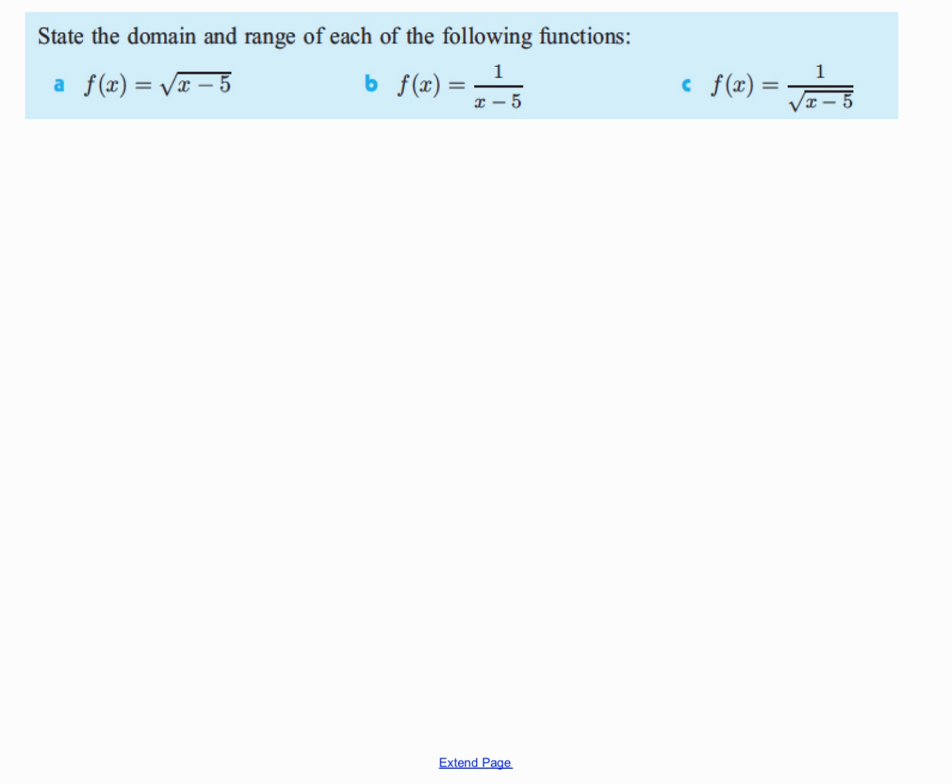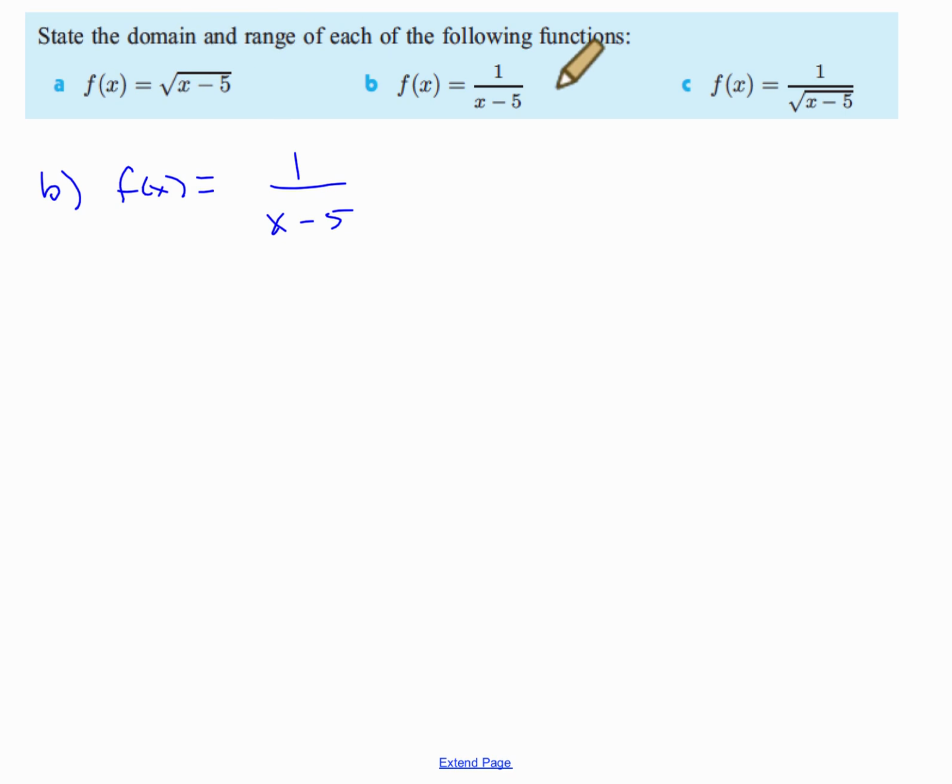All right, so let's take a look at part B, 1 over x minus 5. f(x) equals 1 over x minus 5. So for the domain, with a square root we looked for whenever we're going to have a negative number under the square root, because we can't take the square root of a negative number.